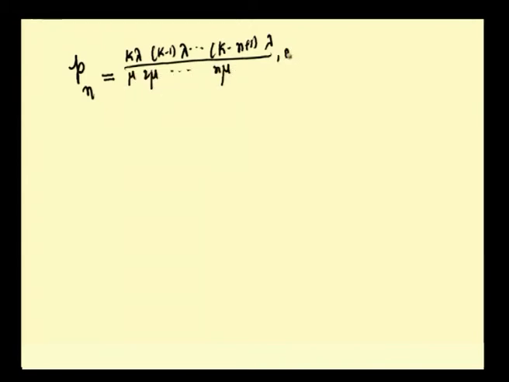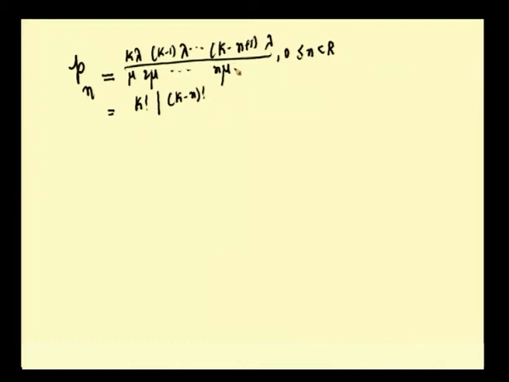This is the case when 0 less than or equal to n less than capital R. Now, how does this term simplify? You can write k, k minus 1 and so on up to k minus n plus 1, using combinatorics, as k factorial divided by k minus n factorial.